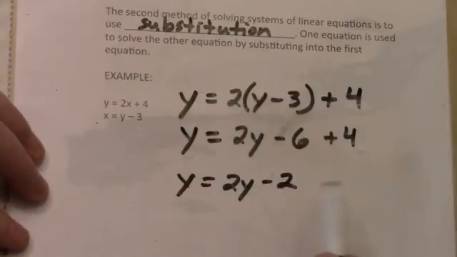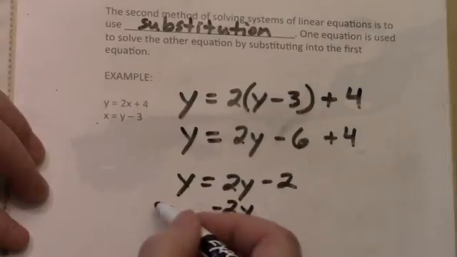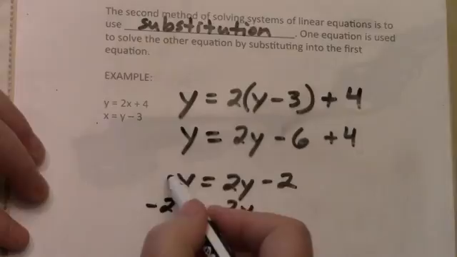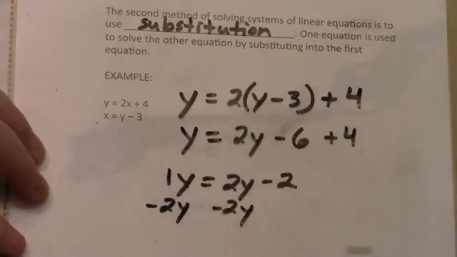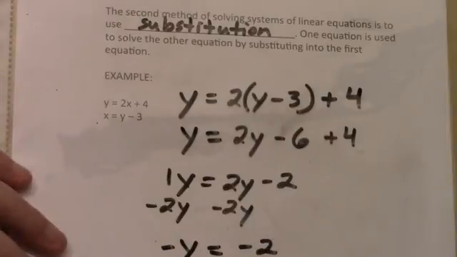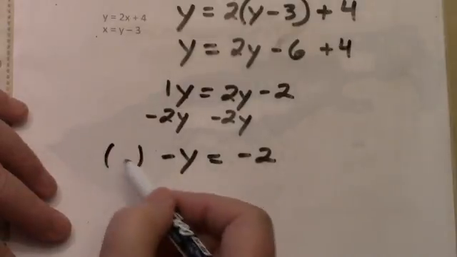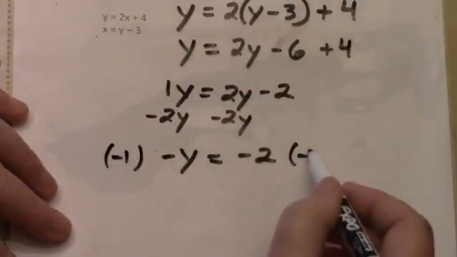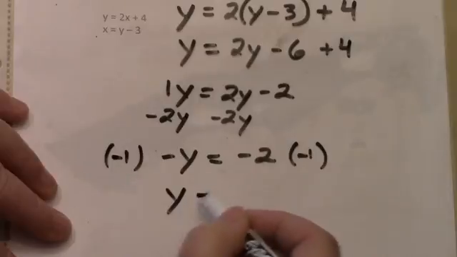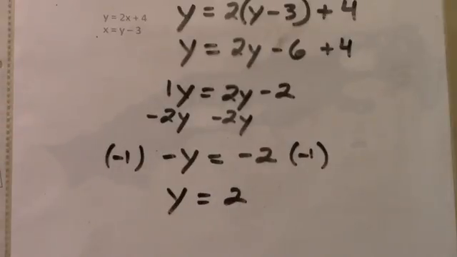Well, now I need to get this y over here, so I'm going to subtract 2y from both sides. Remember, there's a 1 in front of that. 1 minus 2 is negative 1. And now when I have a negative y like this, I can just multiply both sides by negative 1 and flip my sign. y equals 2.